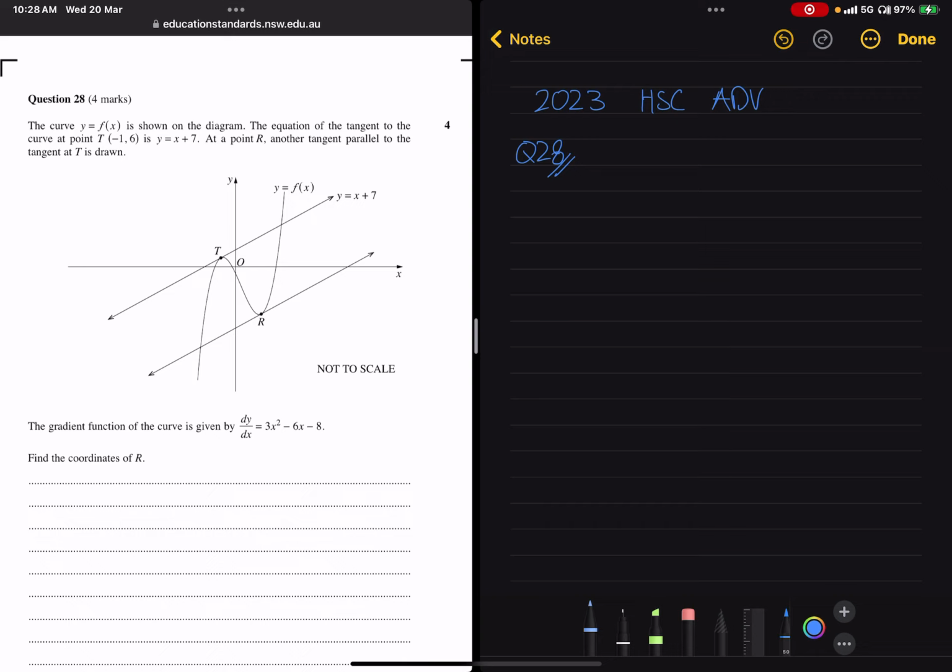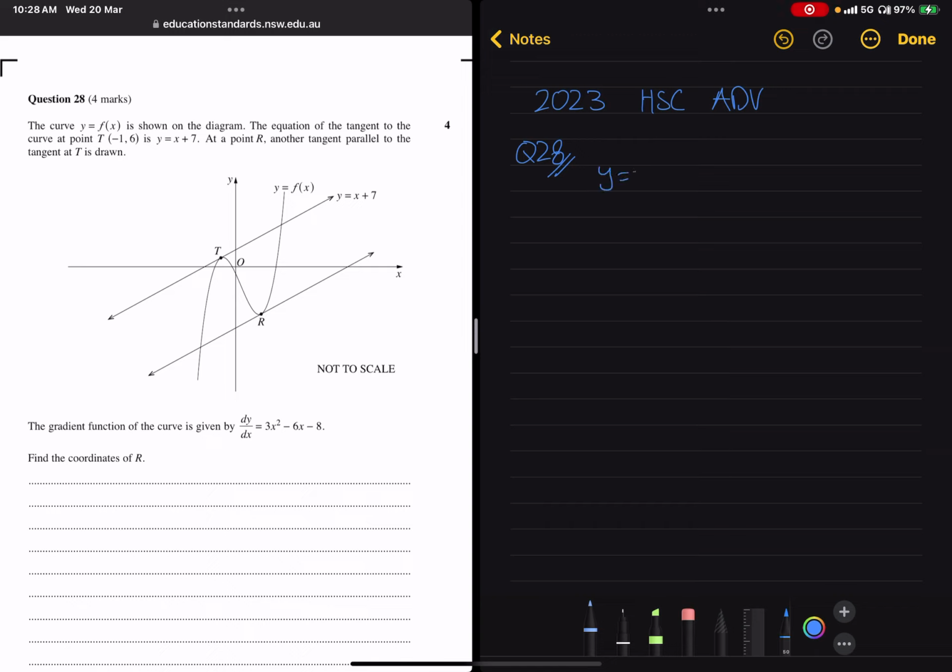Immediately, we have been told the slope of the line at R and the slope of the line at T. We have also been told that this is a tangent to the function. So this means the derivative of the function at the point R has a value equal to the slope of the line y equals x plus 7.